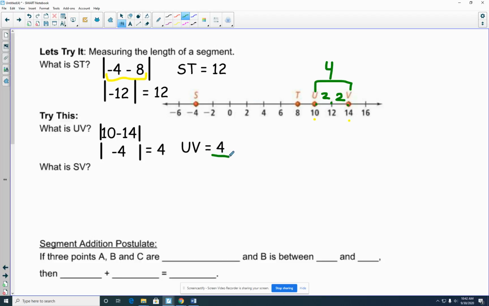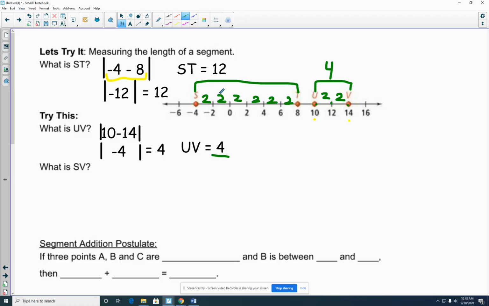Now, if I have to go from S to T, I'm going from -4 to 8, right? So again, remember distance is never negative. So that's a difference of 2, and then -2 to 0, that's still 2. 0 to 2 is 2. 2 to 4 is 2. 4 to 6 is 2. And 6 to 8 is 2.